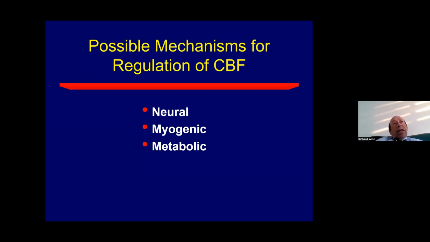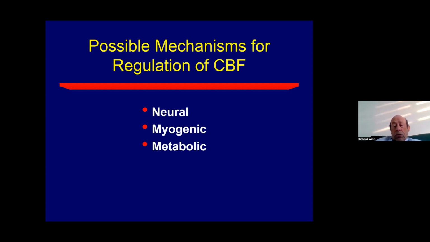This hypothesis appears to explain some aspect of flow regulation in all organs in general, but cannot account for the diversity in flow that's seen in the brain.